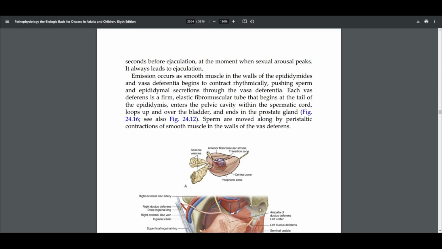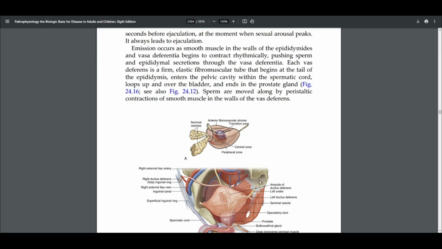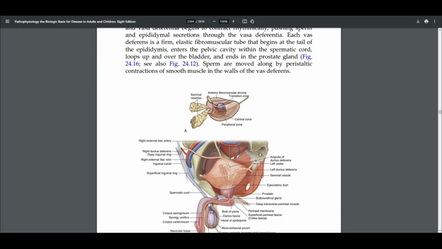Each vas deferens is a firm, elastic, fibromuscular tube that begins at the tail of the epididymis, enters the pelvic cavity within the spermatic cord, loops up and over the bladder, and ends in the prostate gland. Sperm are moved along by peristaltic contractions of smooth muscles in the walls of the vas deferens.